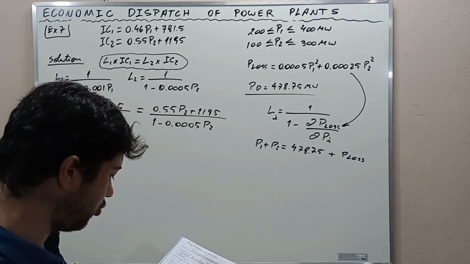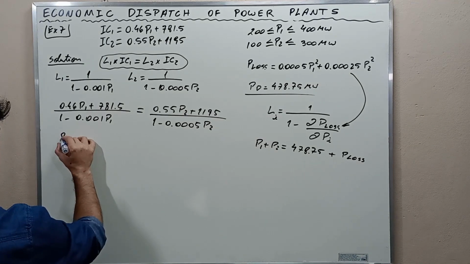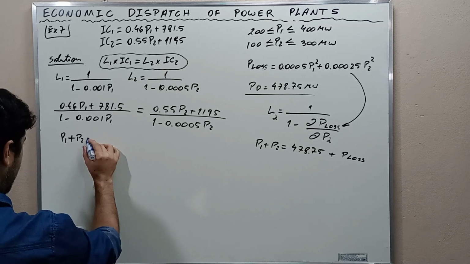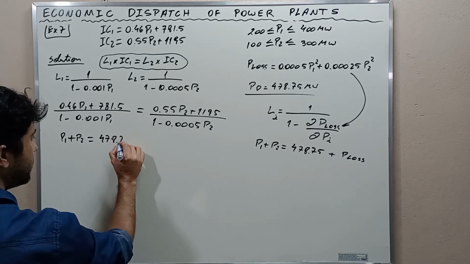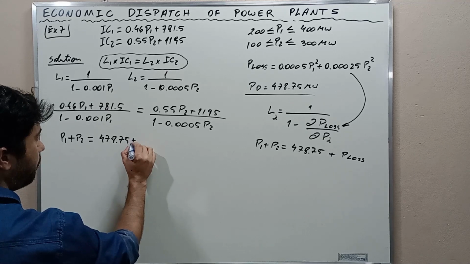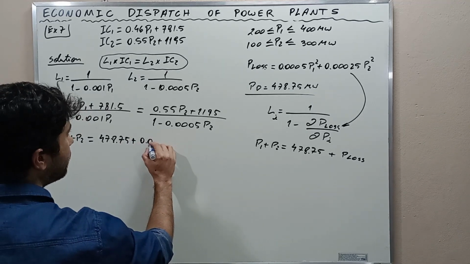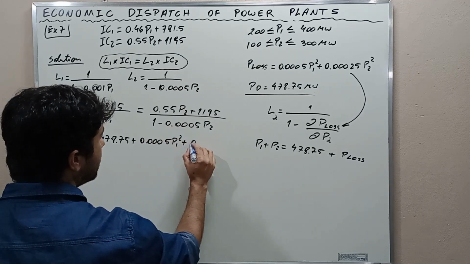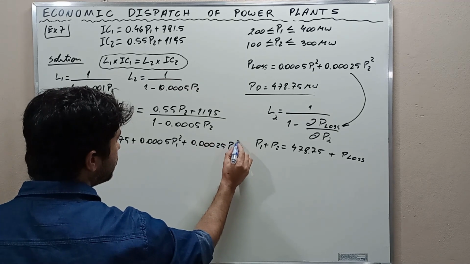And in this way, the expression becomes P1 plus P2 equal to 478.75 plus 0.0005 P1 squared plus 0.00025 P2 squared.